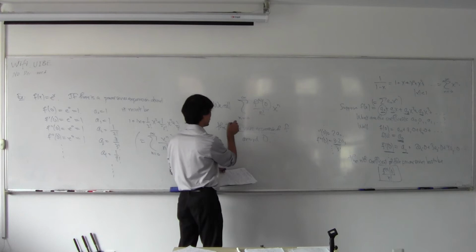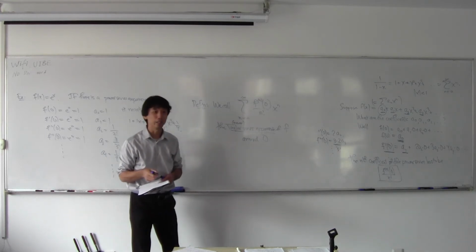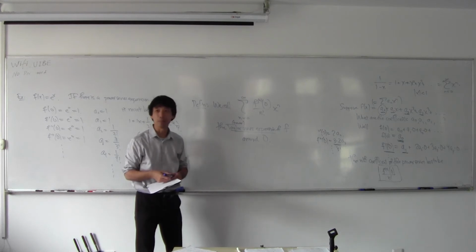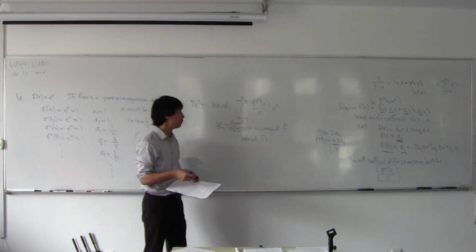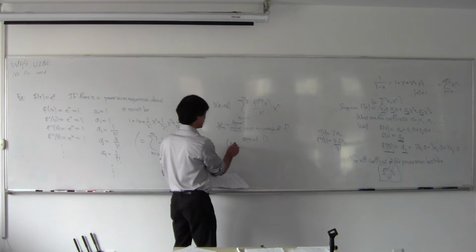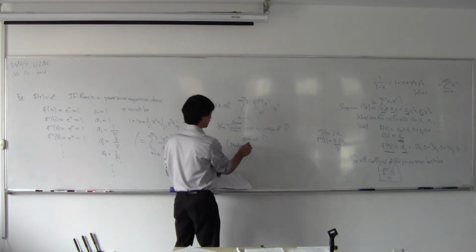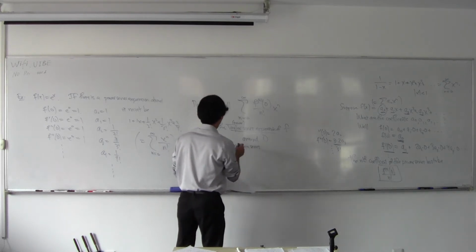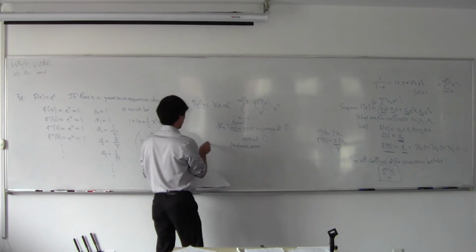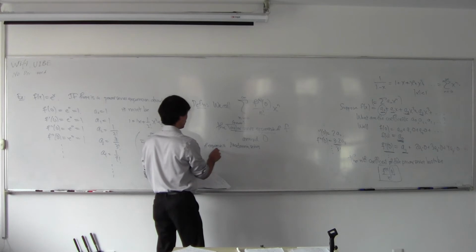The term Taylor series basically just means power series. If you say power series or Taylor series, it's the same thing. This is also called the Maclaurin series if the expansion is around 0.